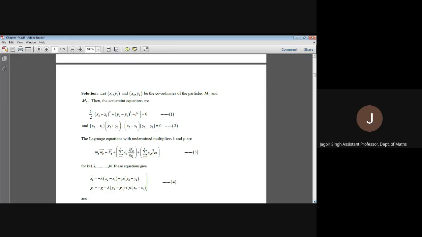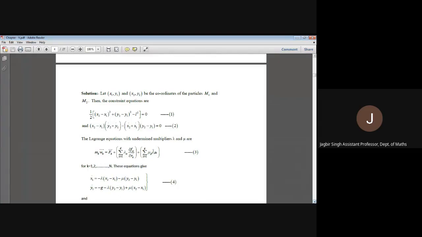So we will have lambda, and now the partial derivative of the finite constraint with respect to the coordinate means the partial derivative of equation number 1 with respect to x1. It will be 1 by 2 into 2 times x2 minus x1 and minus outside due to x1. So it will be minus x2 minus x1.